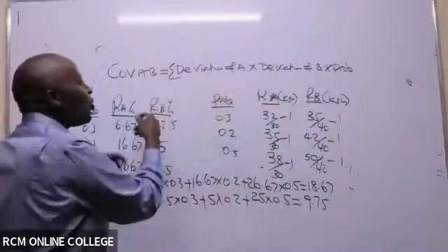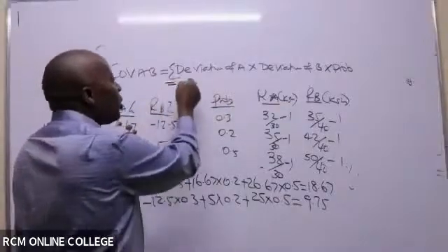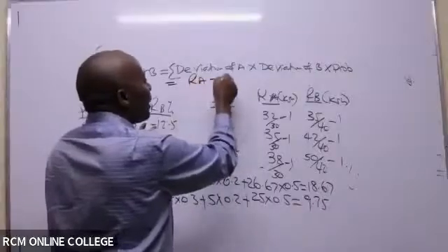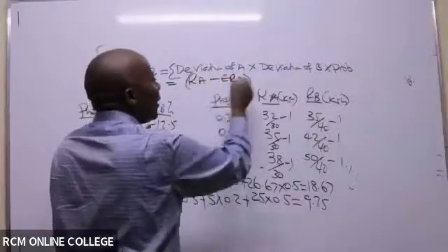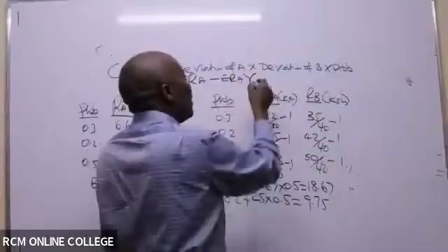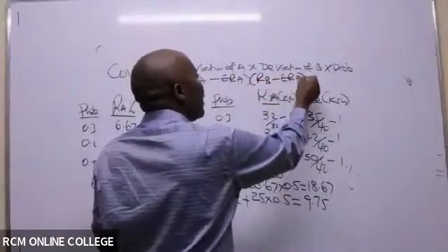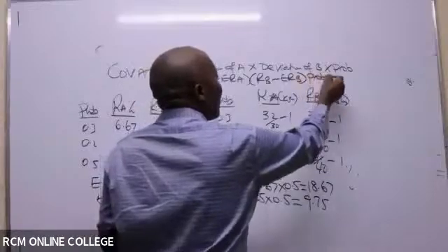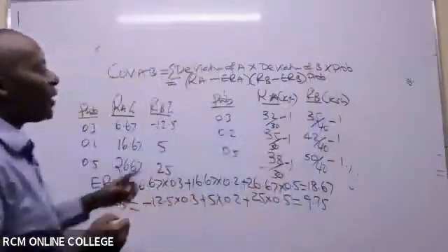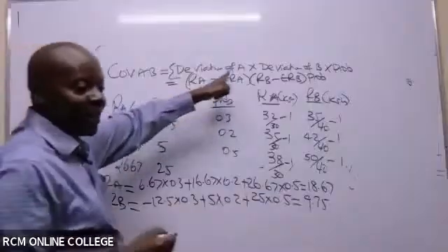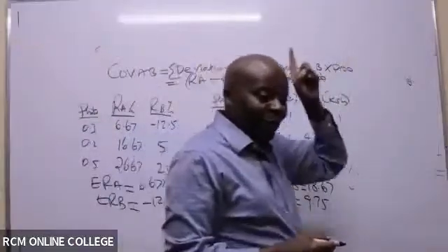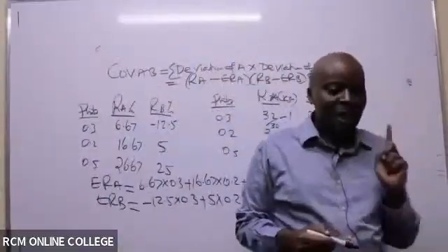How do we get these deviations? It's very easy. You take the returns of A minus expected returns of A, times the deviation of B: the returns of B minus expected return of B. And then you multiply with probability. This is a formula that everybody should be able to master.